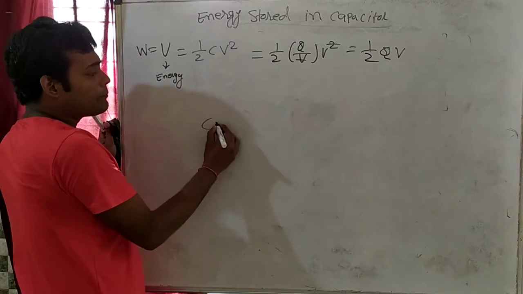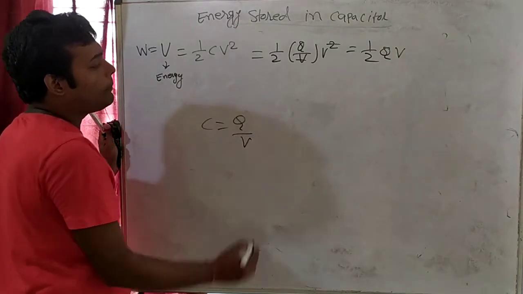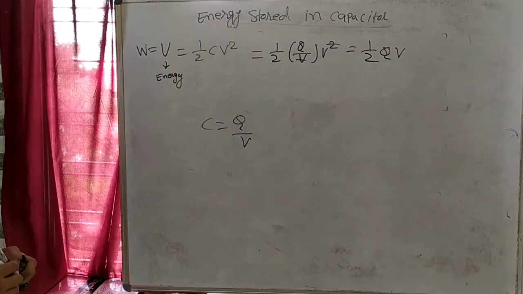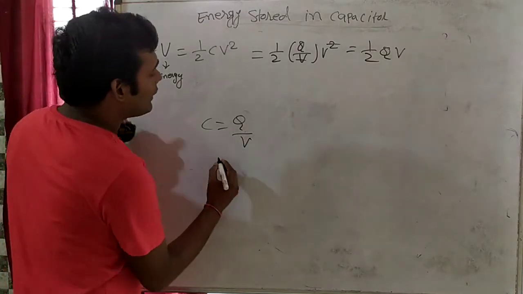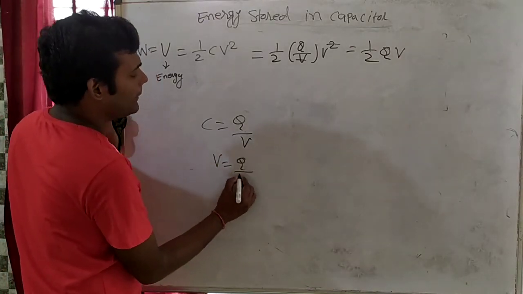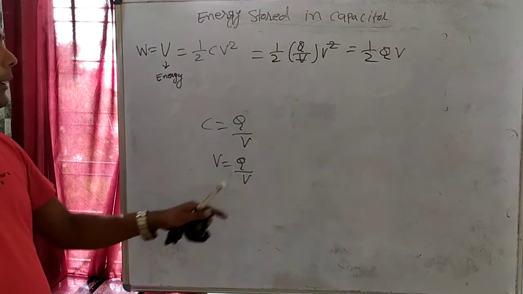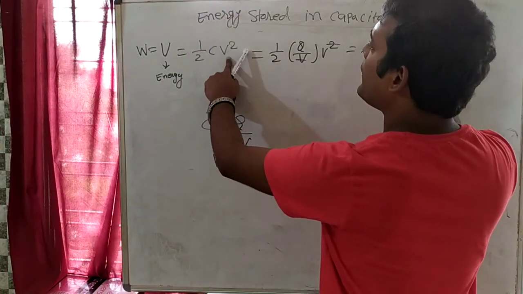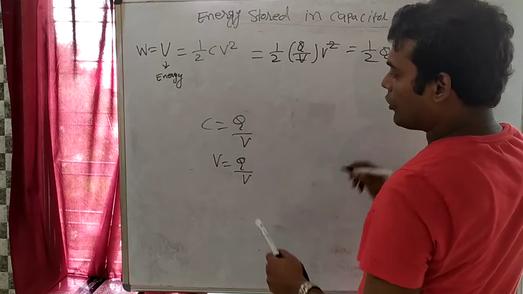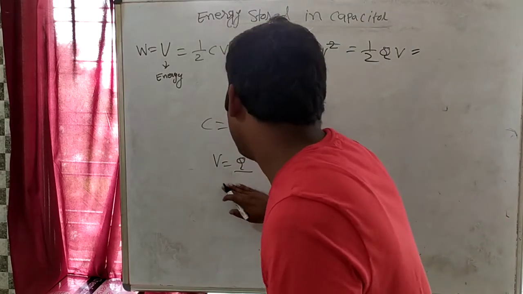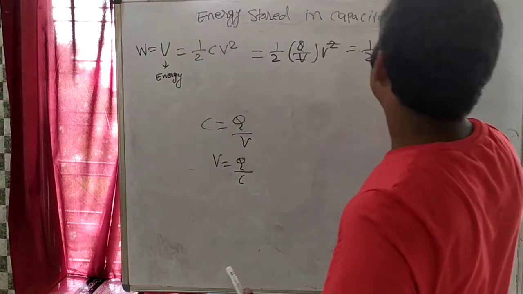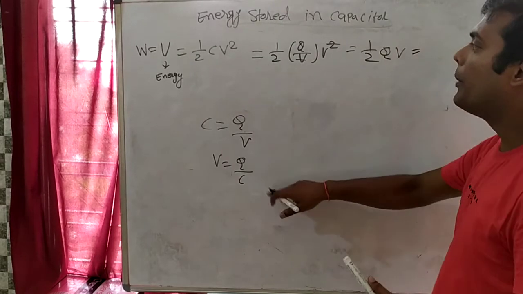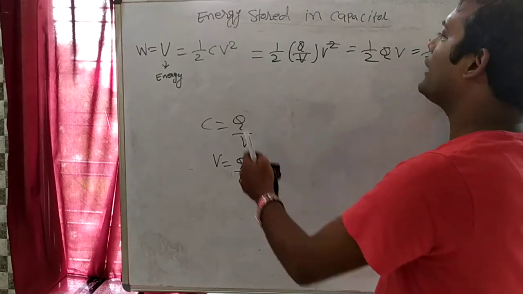We know again this formula that C is equal to Q by V. So can we write that V is equal to Q by C? On the place of V, if I add Q by C, so see what we will get.